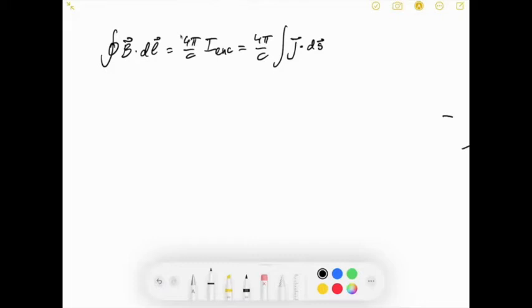Okay, so now what we mean, well, we are talking about some kind of a current. That's our current. And then we can take a line integral in this direction, and that is our integral of B dl. So we're taking that integral in this direction.